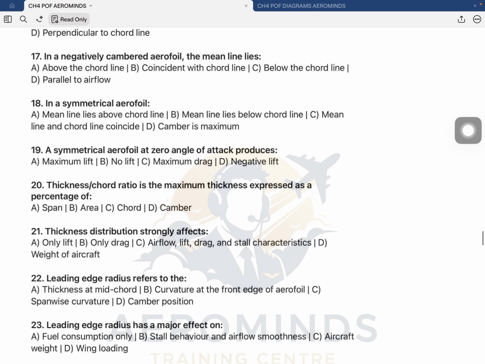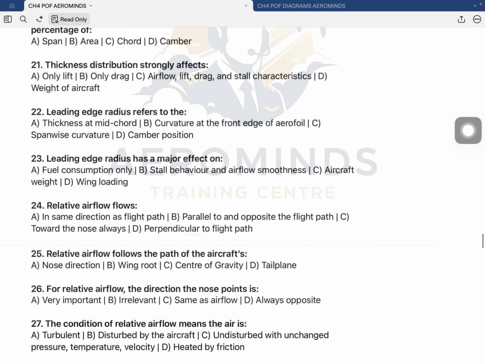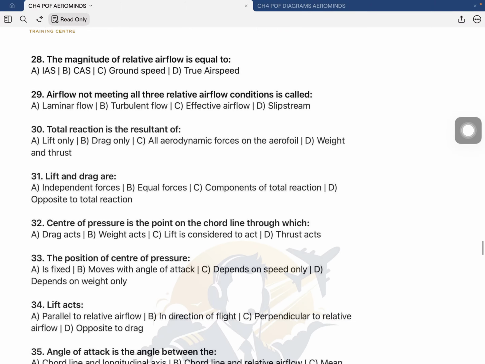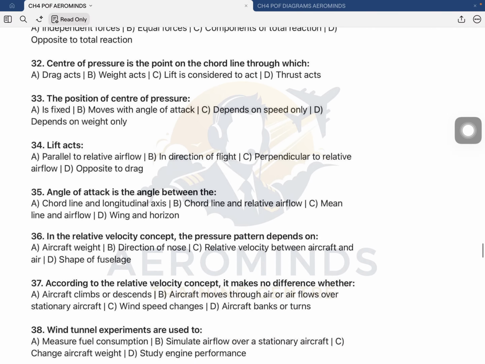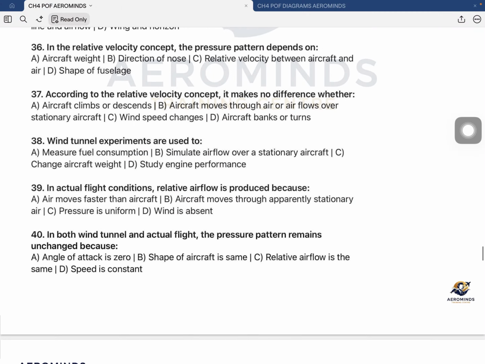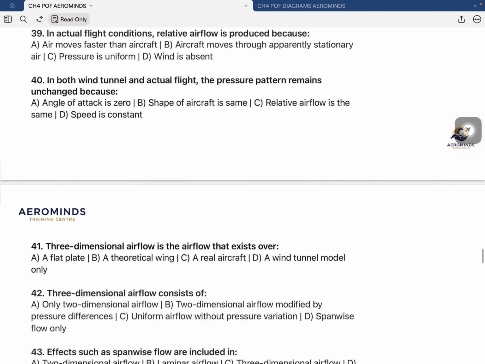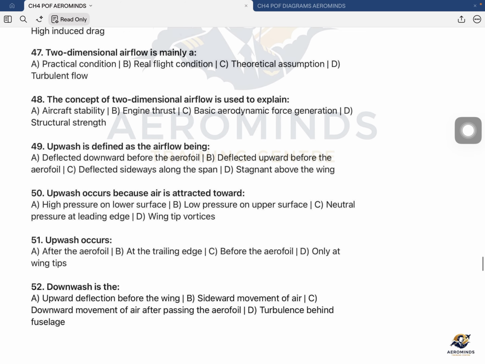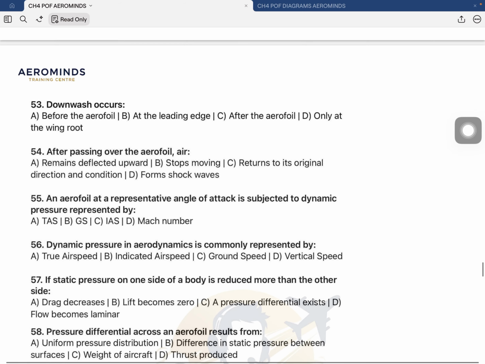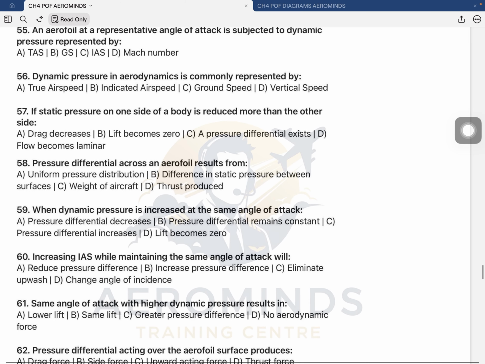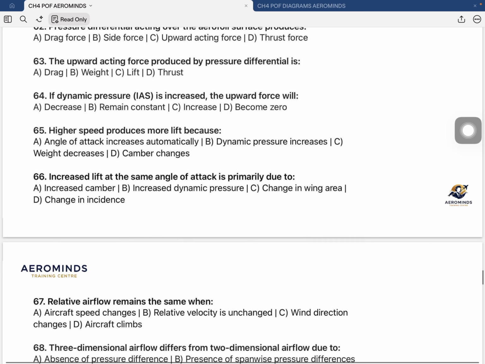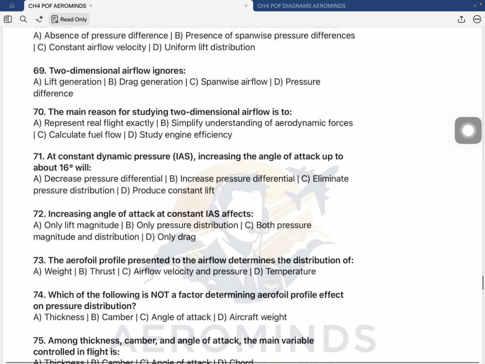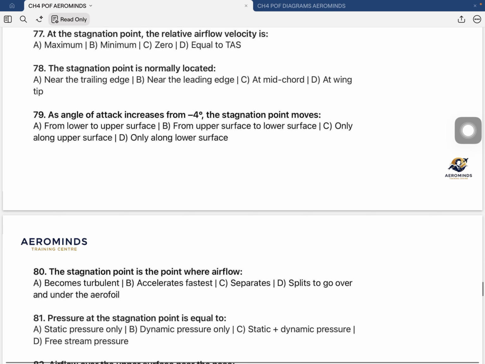Position of the camber, symmetrical airfoil, thickness distribution, leading edge radius effects, relative airflow, how is it flowing, magnitude of the relative airflow, lift and drag, how are they connected, lift acts where, relative velocity, in actual flight conditions what happens, then where three-dimensional airflow exists, what it consists of, what is span-wise flow, what is 2D flow, what is upwash, what is downwash, after passing over the aerofoil what happens, static pressure on one side of the body reduced, what happens, pressure difference, relative airflow remaining the same when, all of the questions are included in this.